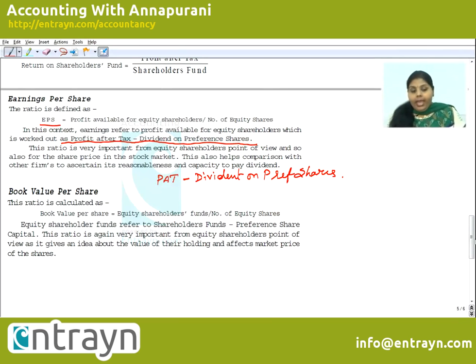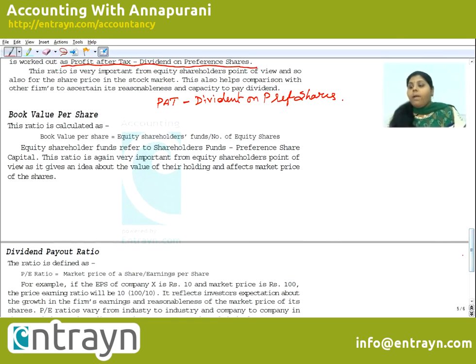Okay. And the next one is book value per share. Book value per share is also based on equity shares. So it will be equity shareholders' fund divided by number of equity shares. Equity shareholders' fund is nothing but shareholders' fund minus preference share capital.